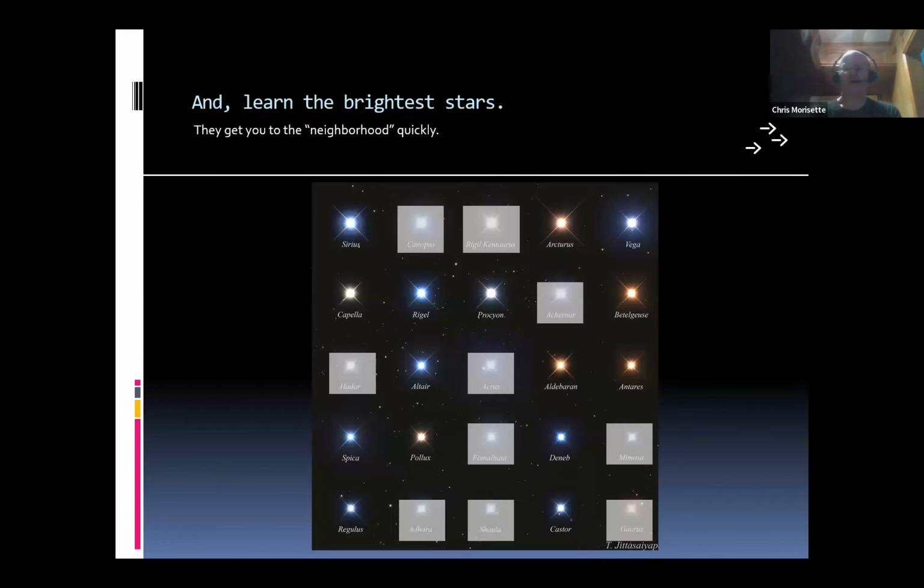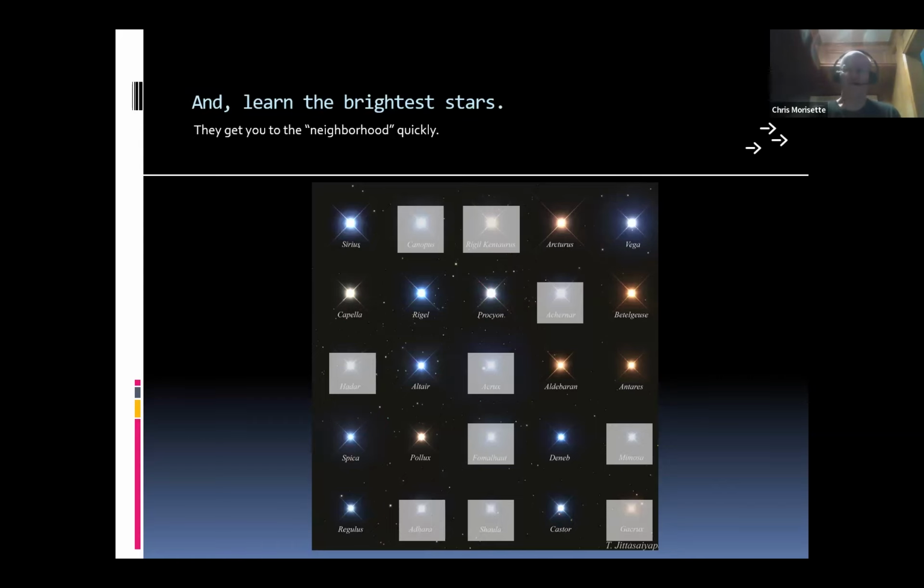And what you see here is a picture of the 24 brightest stars. I guess it's 25, five times five is 25, 25 of the brightest stars in the night sky. And I put a gray patch over those stars that are really more southern hemisphere.